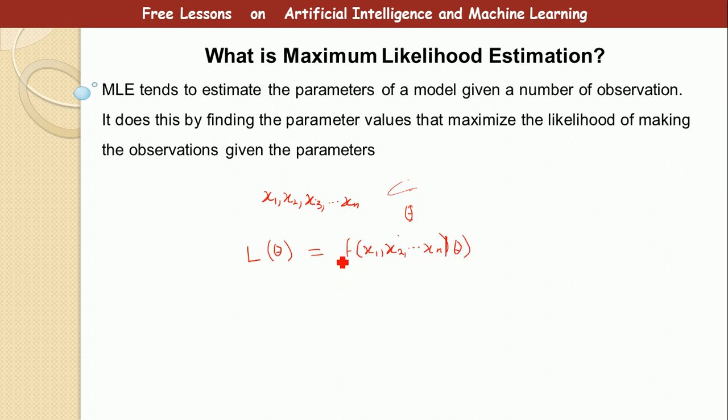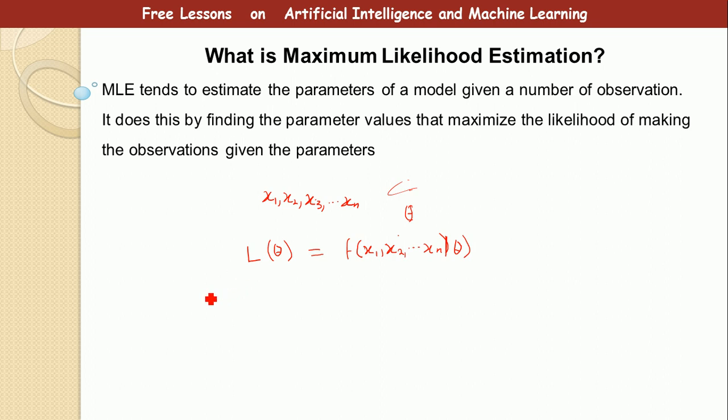So that is what it will be, where theta is the parameter of the distribution, which actually is unknown. And this actually is the likelihood function of this parameter.